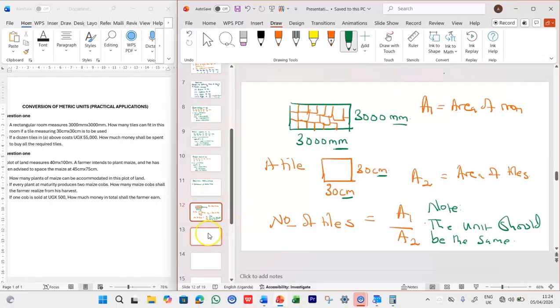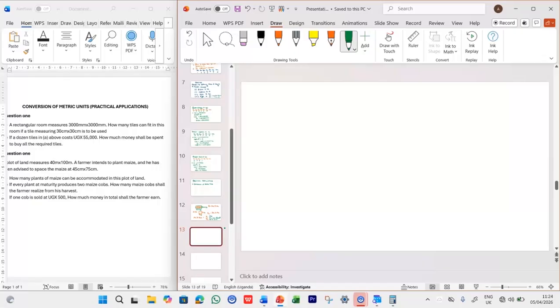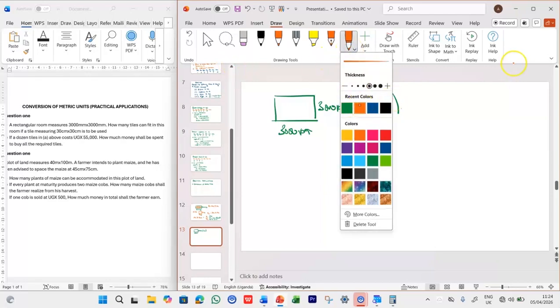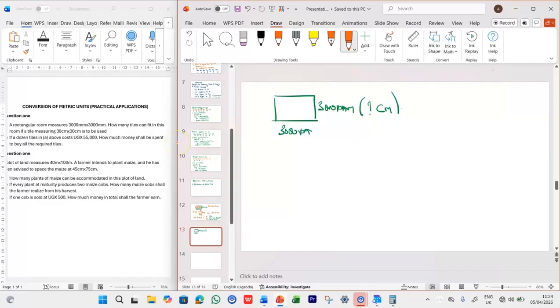So let's proceed now and do our question. The room is 3000 millimeters by 3000 millimeters. How many centimeters are here? Now let's convert these millimeters to centimeters using our acronym: hectometers, decameters, meters, decimeters, centimeters, and millimeters.